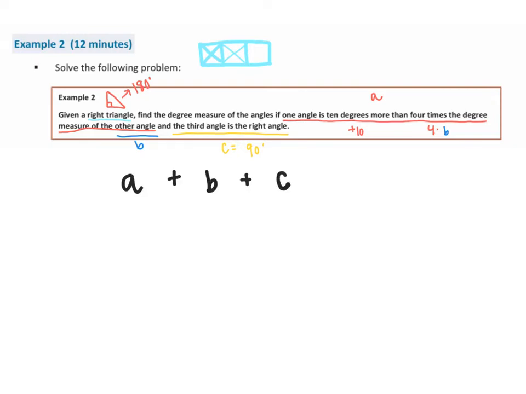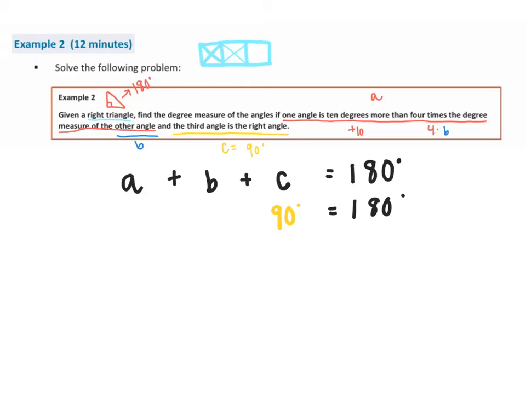3 angles, and together they make a right triangle, which I know all triangles equal 180 degrees. Okay? Right off the bat, I know that C is 90 degrees, so I can change that variable to 90 degrees. Okay? That's pretty cool.